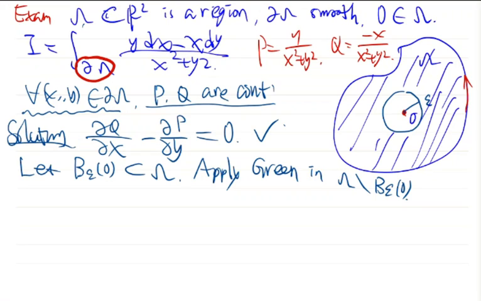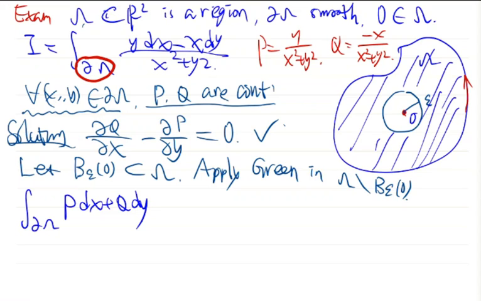Then by the Green formula, we consider the integral we want to compute, P dx plus Q dy. The boundary of the new domain consists of two parts.